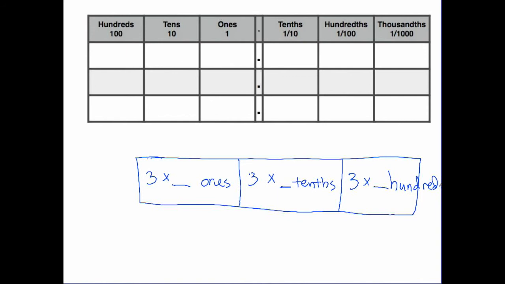That's supposed to say hundredths, okay? Once I start writing blue on blue, it doesn't work. Anyways, my video cuts off there, so hundredths.